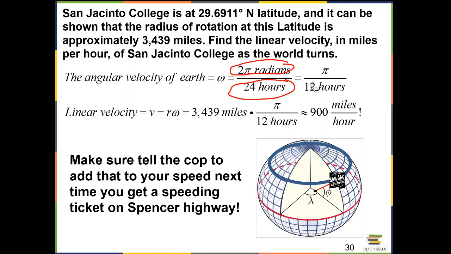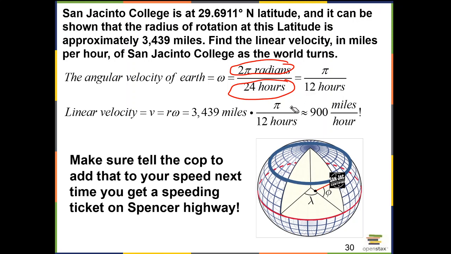Pi over 12. That's how fast it goes, right? And the unit is per hour. So pi over 12 is, you divide 180 by 12, what do you get?